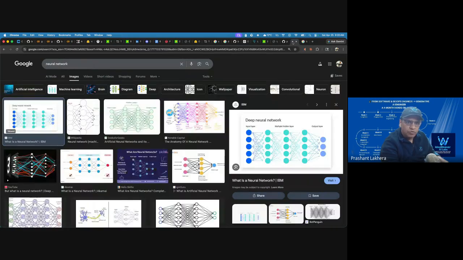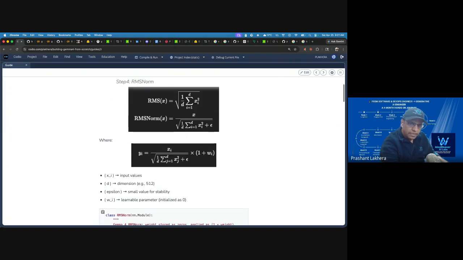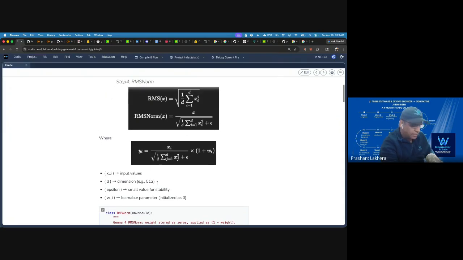What the guys from Google figured out is that we don't need to subtract the mean. They get much more training stability if they just divide by something called the root mean square itself. So here, if you see, I think it's much better if I can show you with the help of an example. So let's say this is a formula.